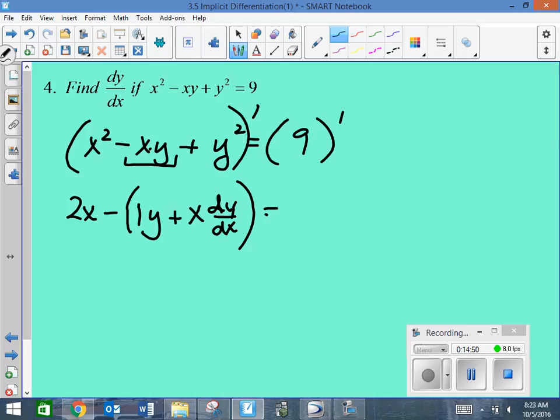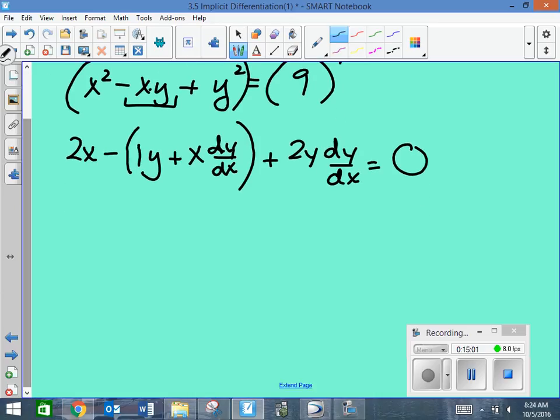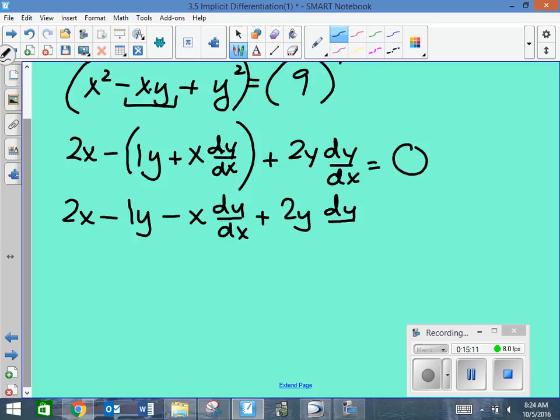Equals, oops, nope, plus 2y dy/dx equals 0. So far, so good? Yeah. All right. Subtraction, I'm going to go ahead and do that now. Okay, now here's the first instance that we have to get our dy/dx's together.